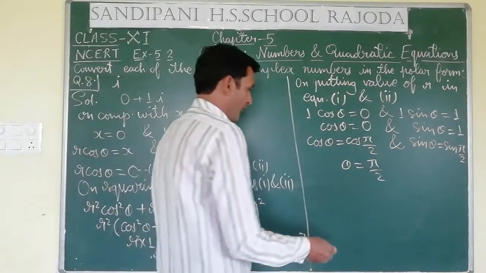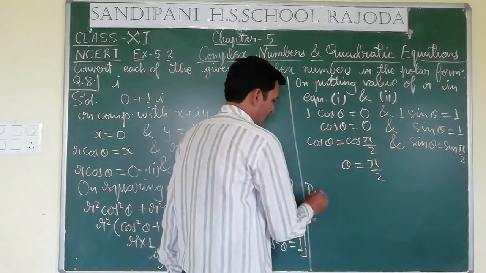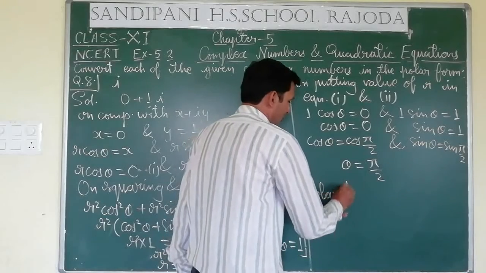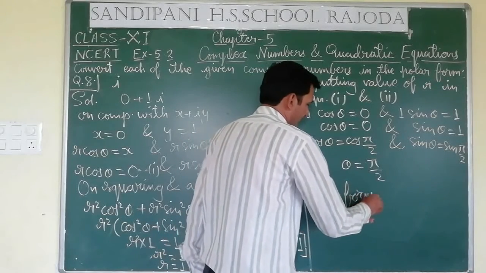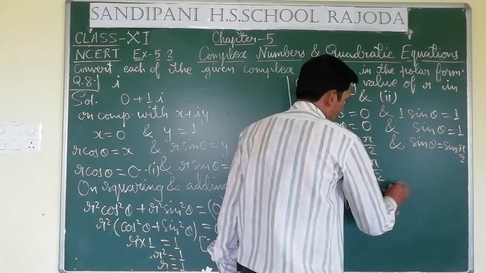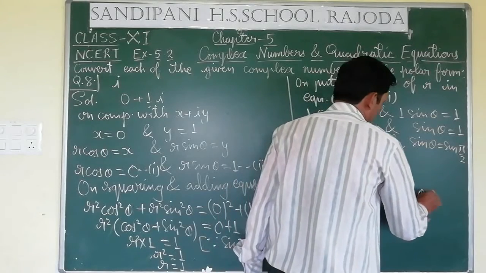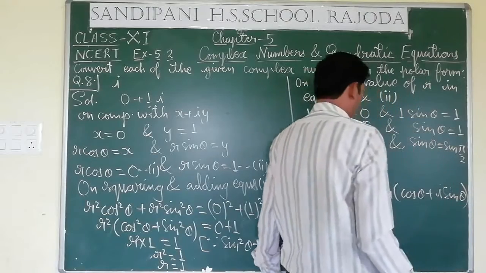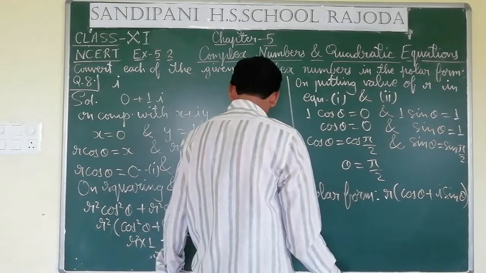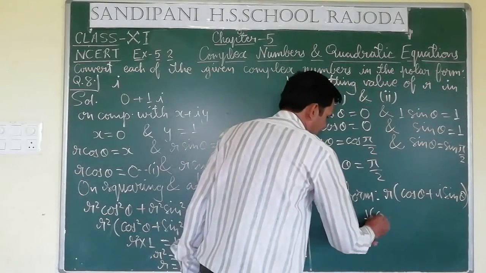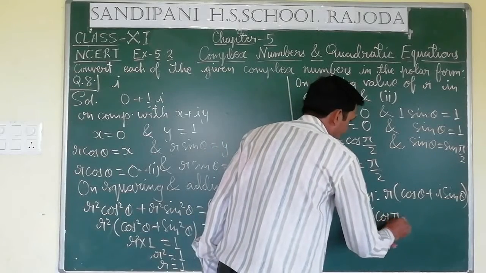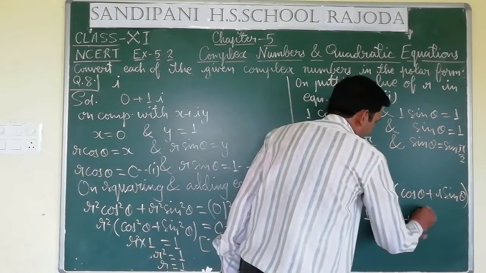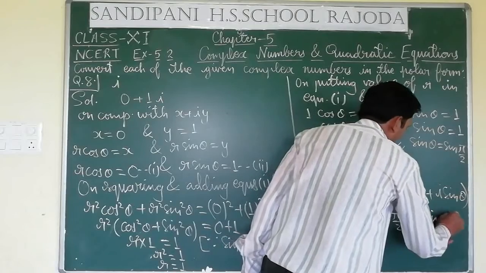So now polar form we may write, which is r into cos theta plus i sin theta. So value of r is 1 and then cos pi by 2 plus i sin pi by 2.